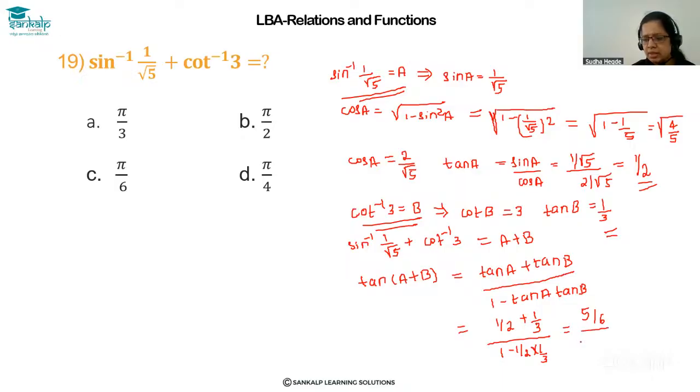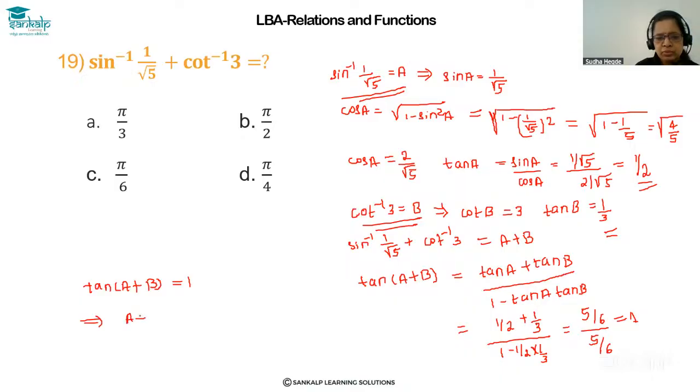Denominator, again take LCM and simplify. It is also 5/6. So equal to 1. Therefore, we got tan A plus B is equal to 1. Implies, what is A plus B?